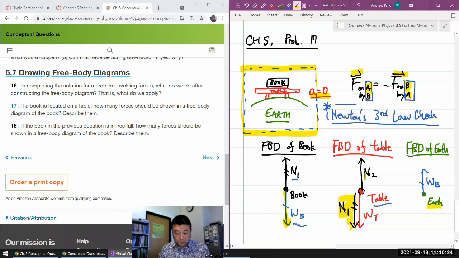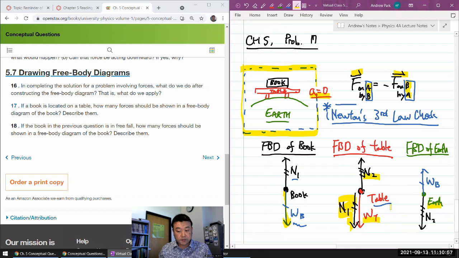Similarly with this normal force on the table, you need to think through what is that force by. It's by Earth, so there must be a downward normal force on Earth by the table. So these are the Newton's third law pairs. And I think I have one missing, the weight of the table.